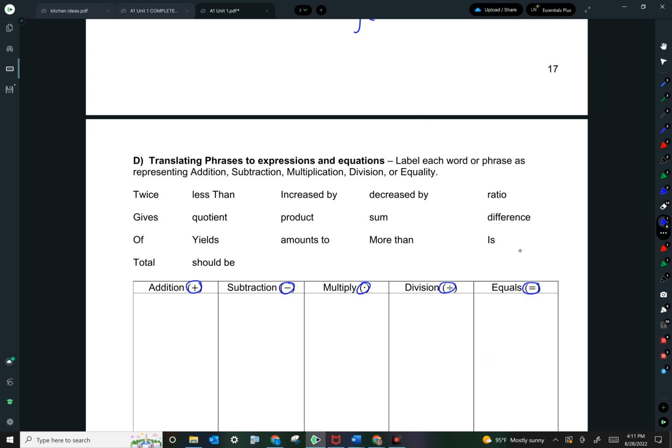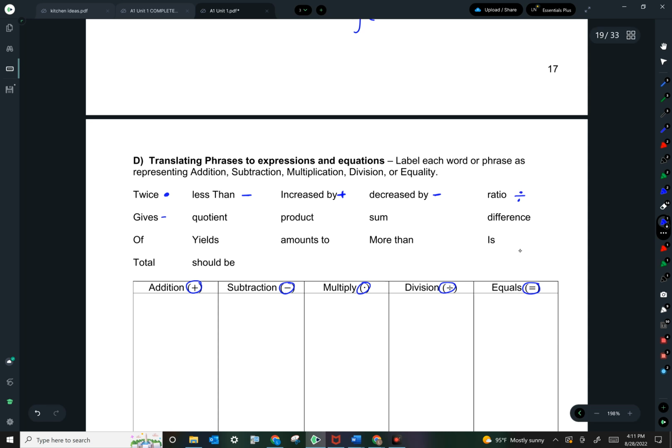So if you see the word twice, that's going to mean multiplication, a little dot for multiplication. Less than, means subtraction. Increased by means addition. Decreased by, subtraction. Ratio is like a fraction, and that's division.